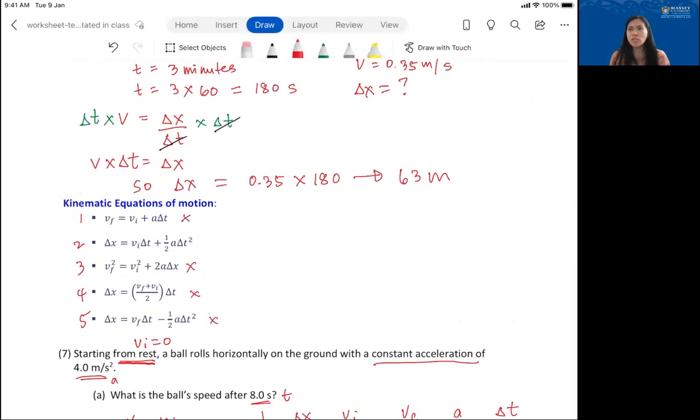So there's really just only one equation that we can use. Is there anything else? Nope, we don't know VF. Yeah, so we'll just take note of that equation. It's that long one, VI delta t plus 1/2 A delta t squared.